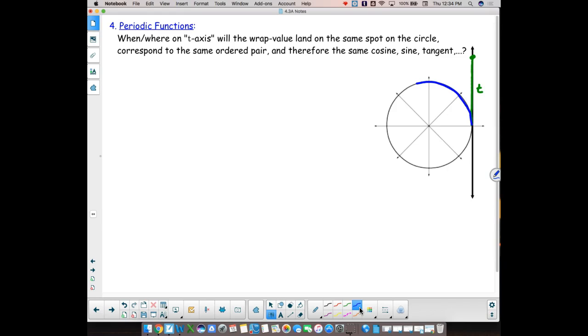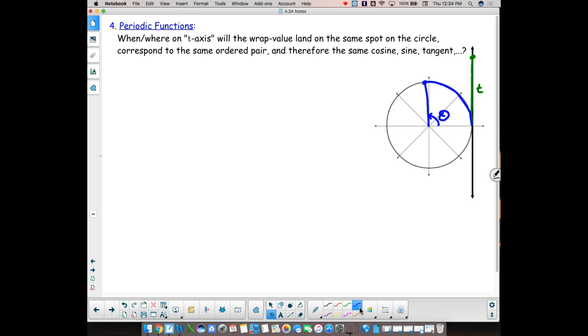Maybe not quite that far. We'll say in there. Okay. When will I get the exact same values for sine, cosine, tangent, cosecant, secant, cotangent?